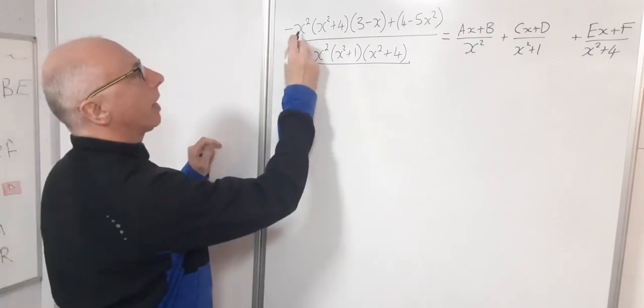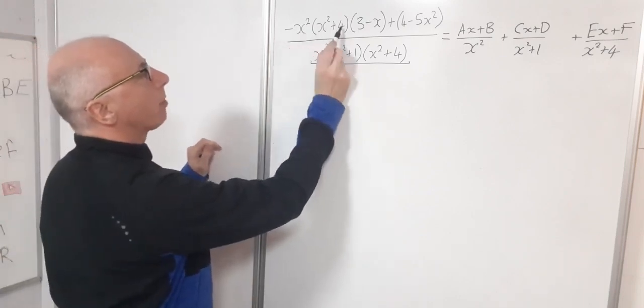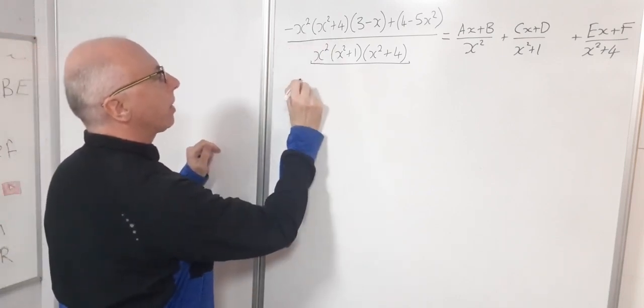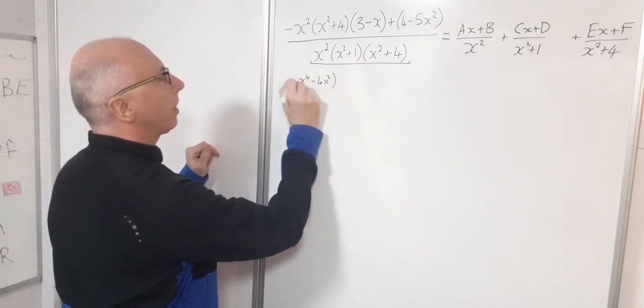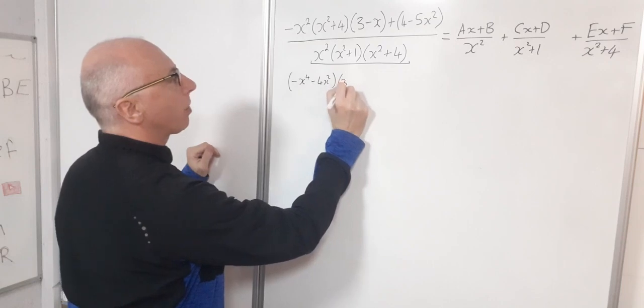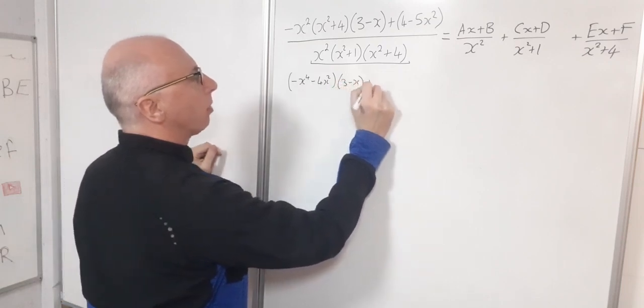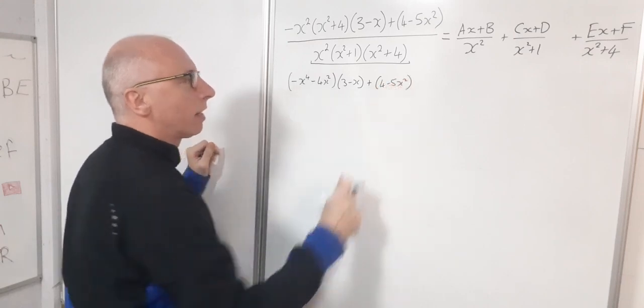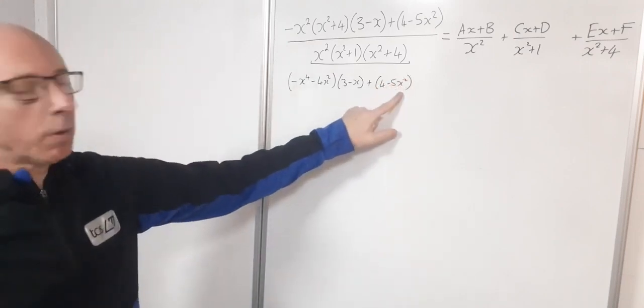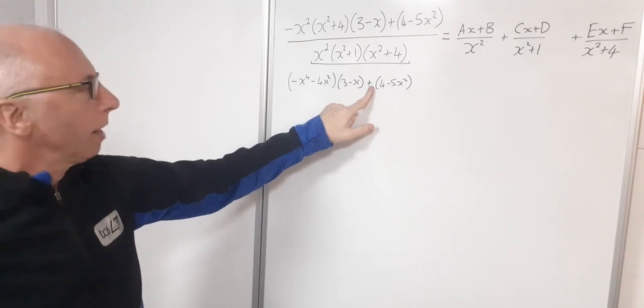So here, if I just multiply out minus x squared times all of that, I'll have minus x to the 4 minus 4x squared, and then multiply that with 3 minus x plus a 4 minus 5x squared. Now notice this one here, I can just take away the brackets with a plus sign here, so that'll be fine.